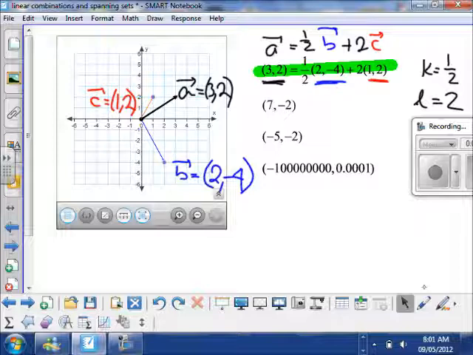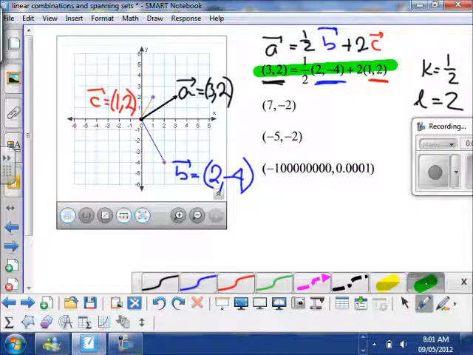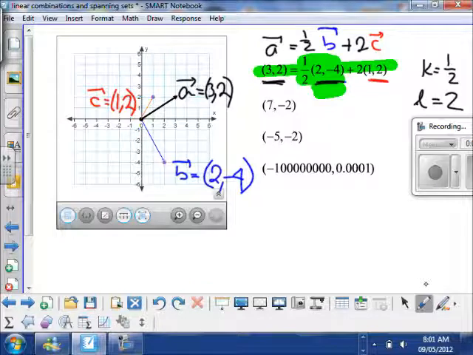Now let's see if life is good when I try to interpret this graphically. How am I going to interpret 1/2 of the blue vector? Well, that means the direction stays the same, just that the magnitude is half of what it used to be. So there you go, approximately half must be this.